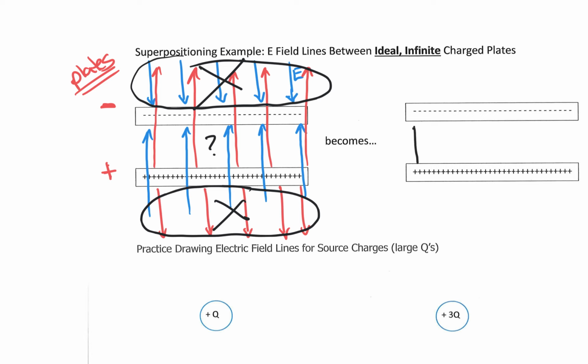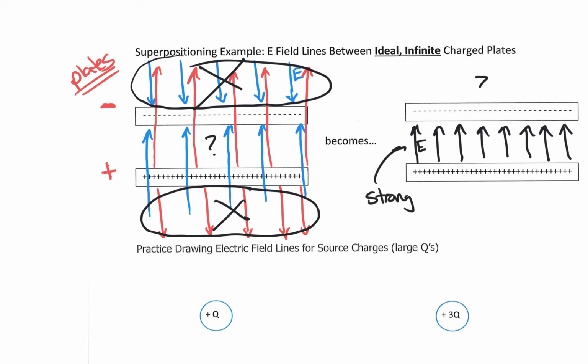So what you get is actually an incredibly strong electric field that is completely parallel between these plates. And notice I increased the density because it is a strong E field. There is a zero field on the outside. And in theory, at the ends, there's a little bit of curvature, a little curve on the ends, but through the middle of the plates it is uniform.